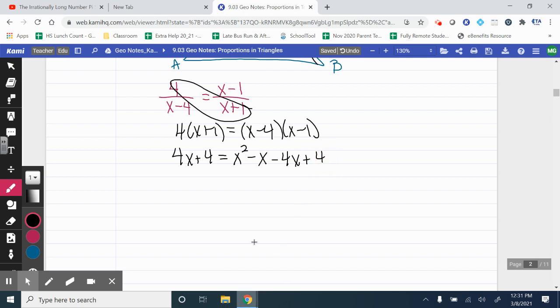I see x squareds and x's here, so I want to combine my like terms. And I want to get this equal to 0. So here I combine -1 and -4. And then I'm going to subtract over my 4x and my 4. Now the 4's actually cancel. So now I have x squared minus 9x equals 0.